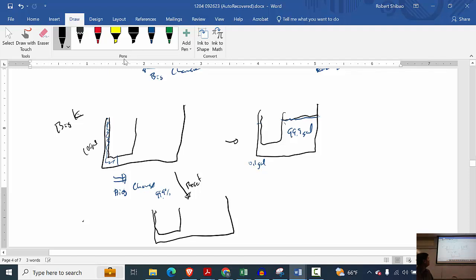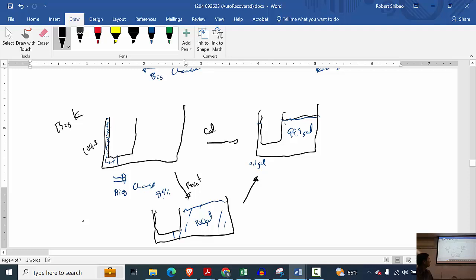So now I'm going to have 100 gallons over here. And so now I'll do my calculation.